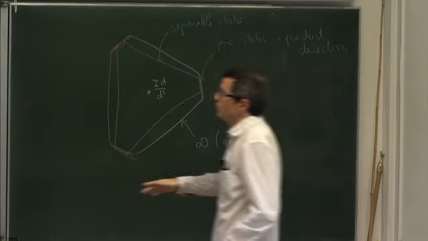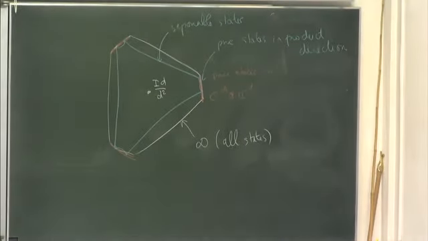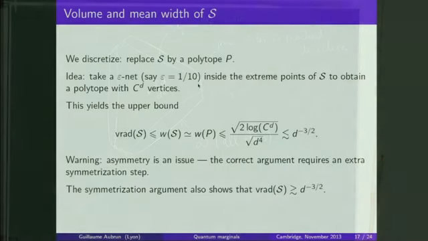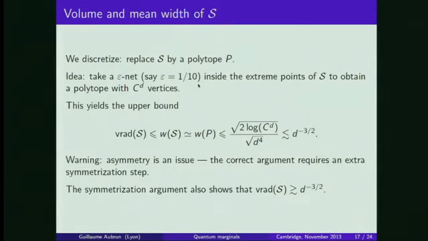So if you use this bound from the previous slide for P, you obtain a bound on the mean width of S, which is comparable to the mean width of P, which is square root of log of C to the d, over square root of the dimension, which is here d to the 4, because we work with matrices over C^d tensor C^d. So the dimension overall is d to the 4. And this is where this d to the minus 3/2 factor comes from.